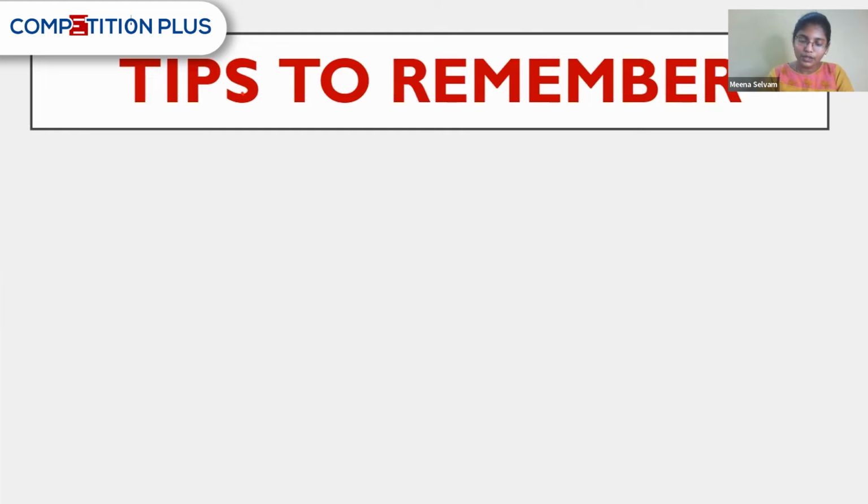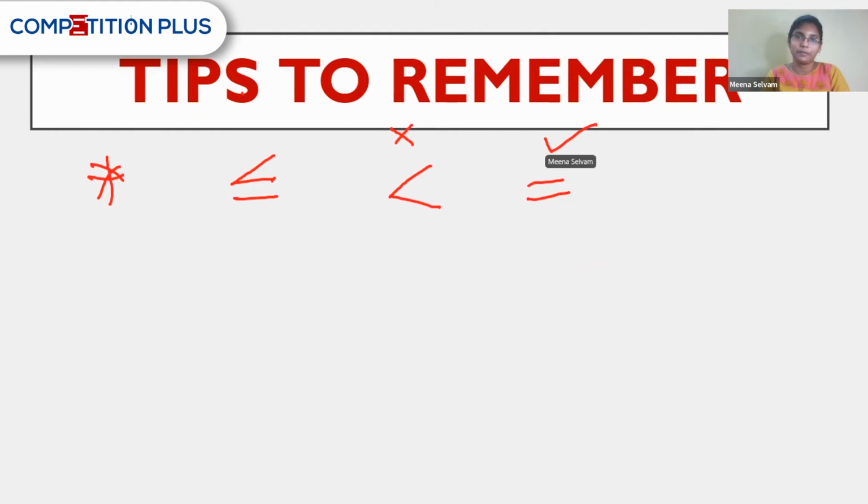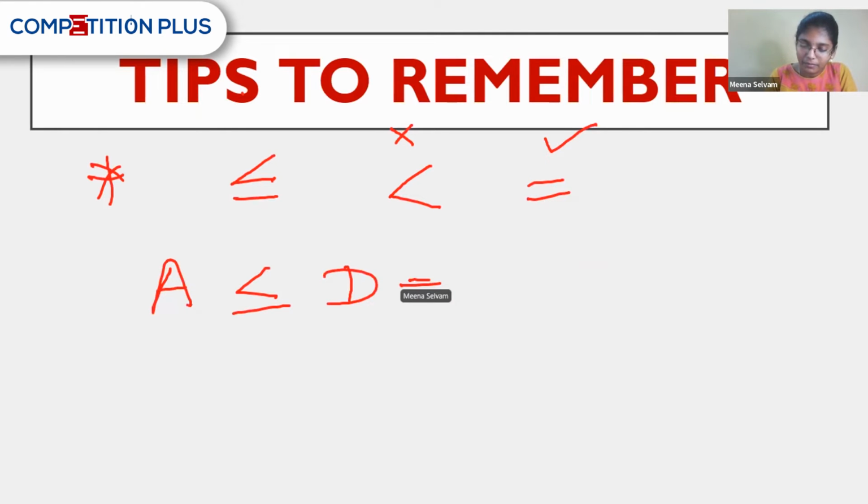The first thing which you should remember here is, a less than or equal to symbol will not pass through the less than symbol, but it will pass through an equal to symbol. I'll tell you with an example, you can understand better at that time.